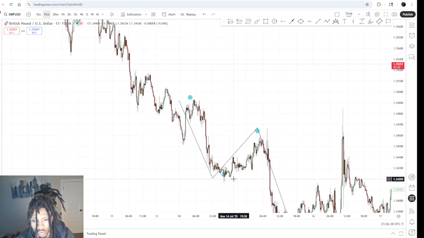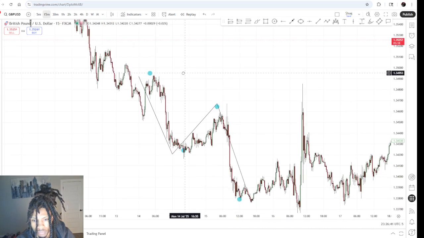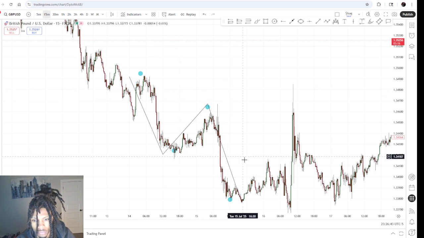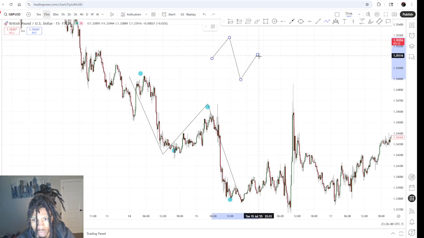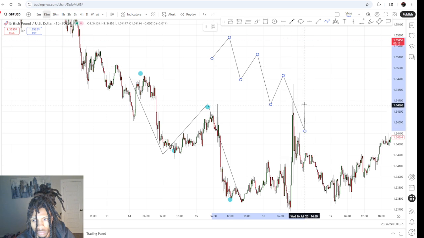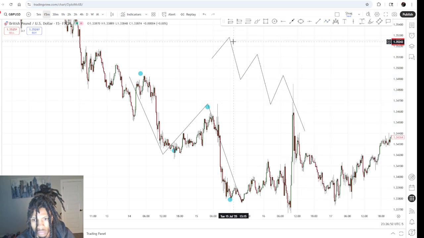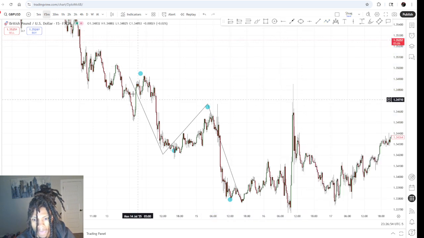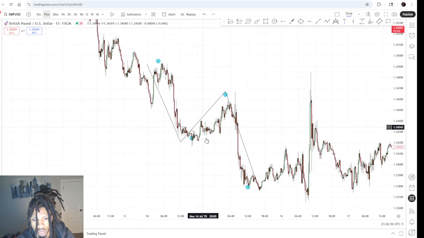How the markets move: down, up, down, reconstruction, down chain. Down. What was coming up? You could take this if you wanted to.